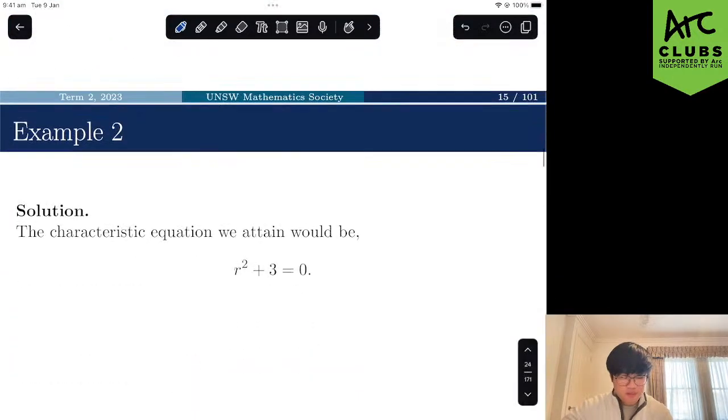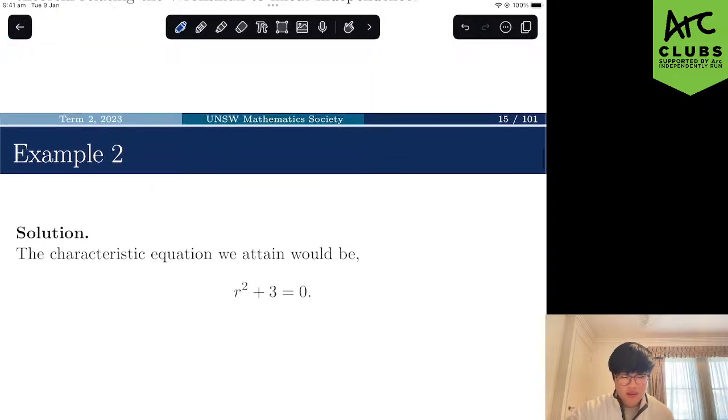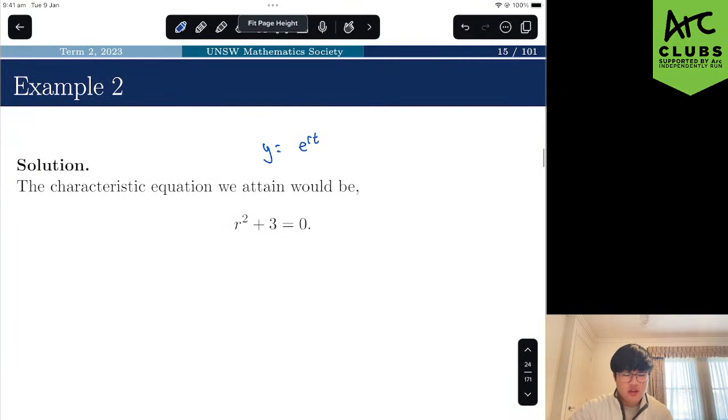Pretty simple question. First, attain the characteristic equation. And this goes back to what I was saying earlier, we don't need to write the full steps of assume y equals e to the rt or something along those lines. You can just hop straight into it and find the characteristic equation. So we get this here. r squared equals minus 3, so r equals plus or minus root 3 i.